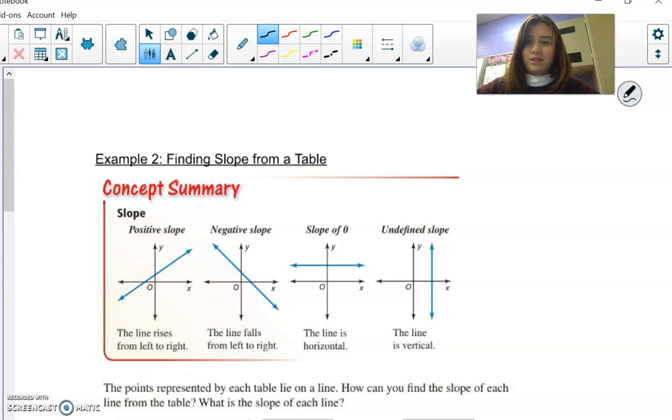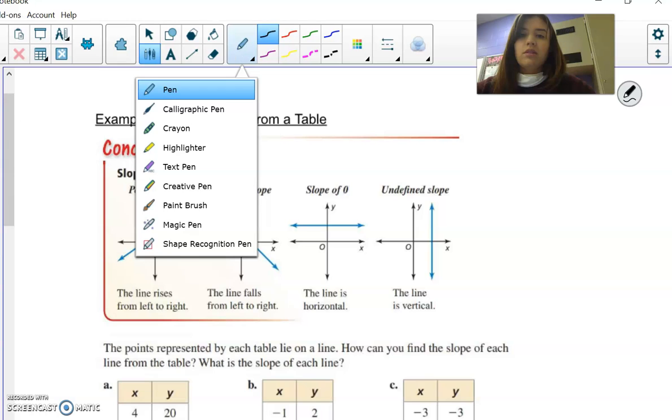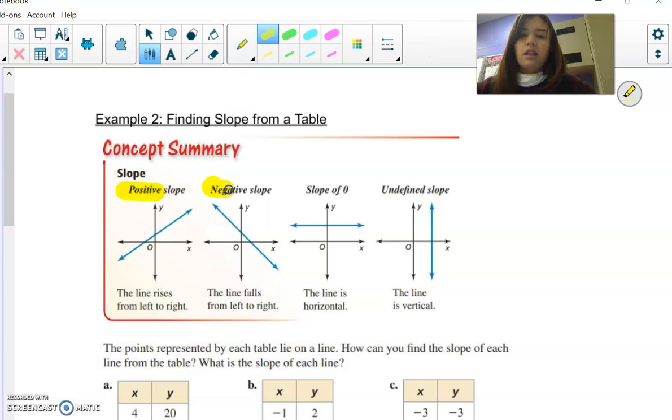Okay, so here's some conceptual thinking we have to think about. We're learning about slope. What's important to know about slope is it can be positive, negative, a slope of 0, or undefined. So what I like to look at is always this last arrow on the right. Is it pointing up? Is it going up? Then it's a positive slope.